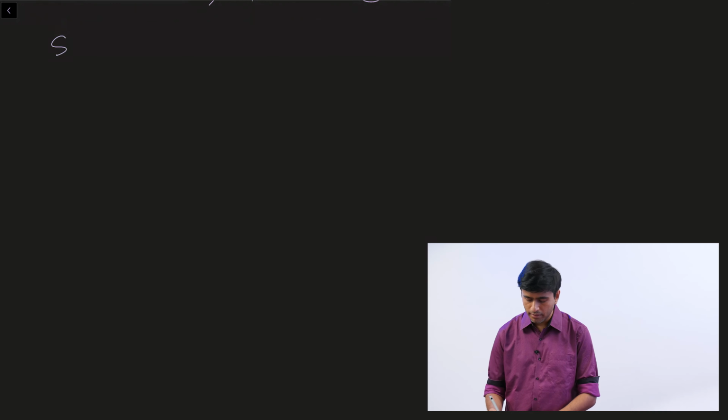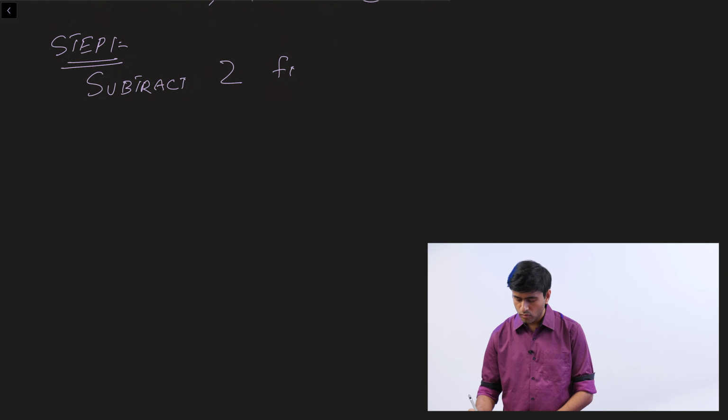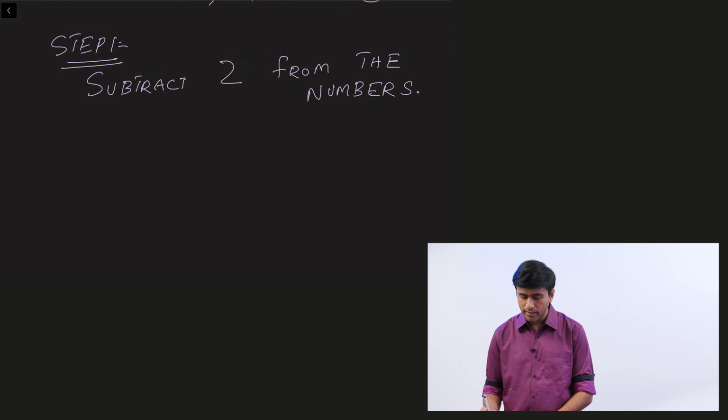So the step 1 is to subtract 2 from the numbers. We are subtracting 2 because in the question it's mentioned that it leaves a remainder 2 in each.